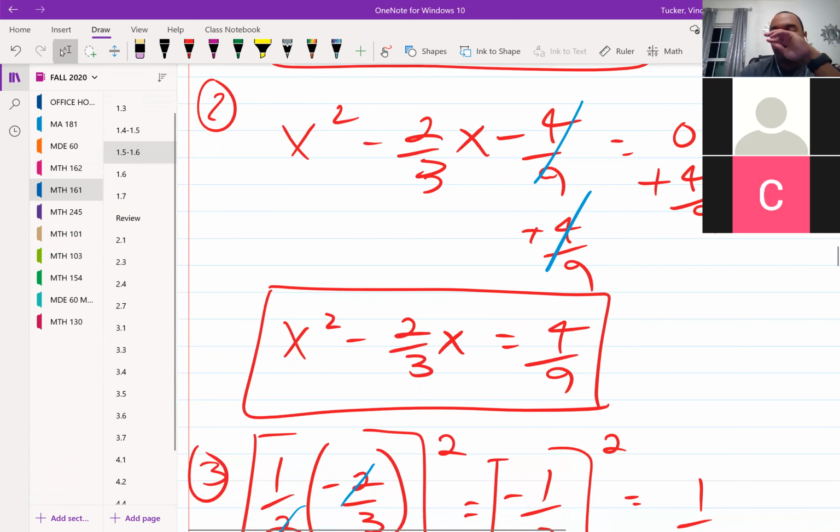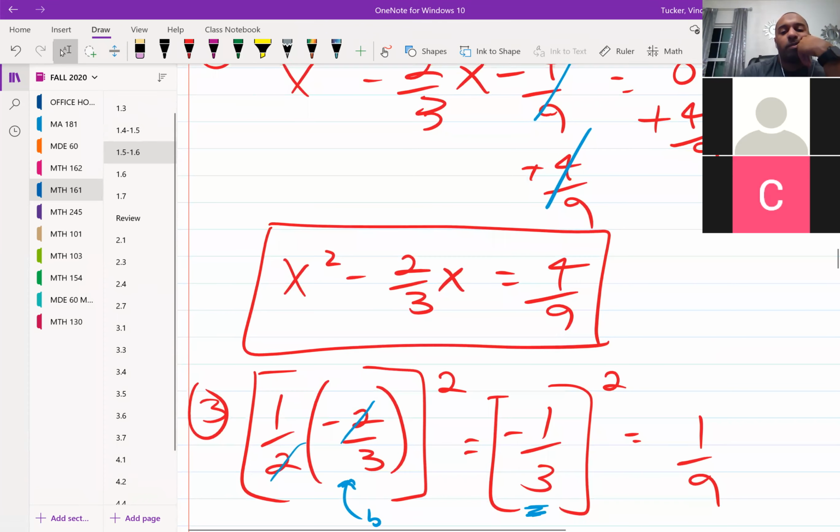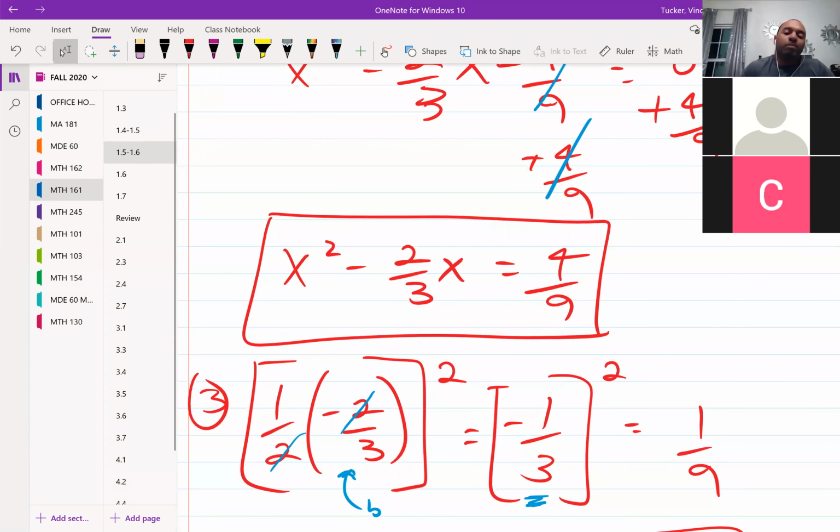All right, so the third step is we're going to take half of our b term and square it. So half of -2/3 squared. So half of -2/3 is -1/3. And then squaring -1/3 is 1/9.